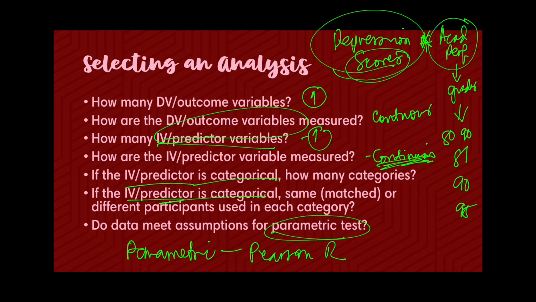And if it's non-parametric, meaning it doesn't meet the assumptions of normality, then we use Spearman rho. Okay? So that is what we will do. That's how you use this guideline in order to find out which tests you're going to use.